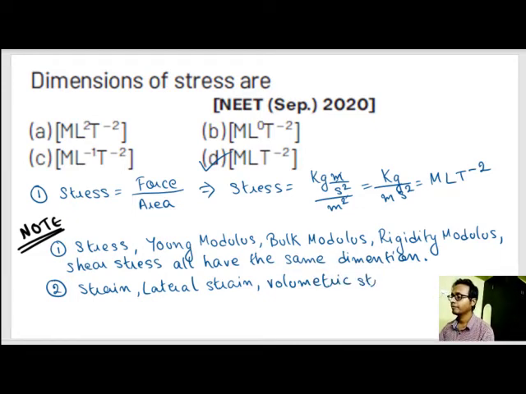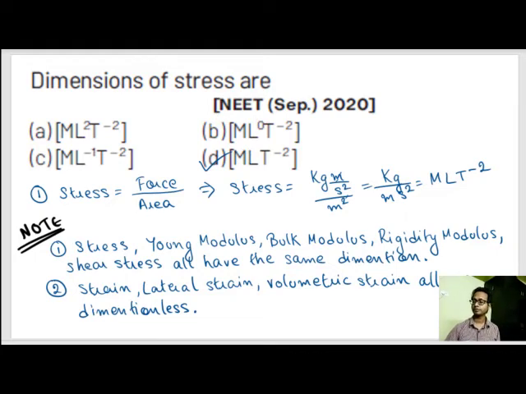All are dimensionless. Make this 2 note.